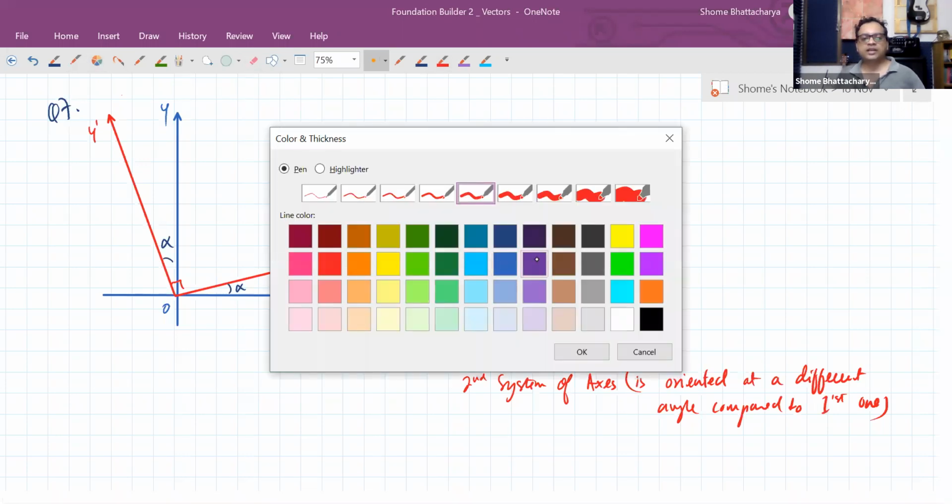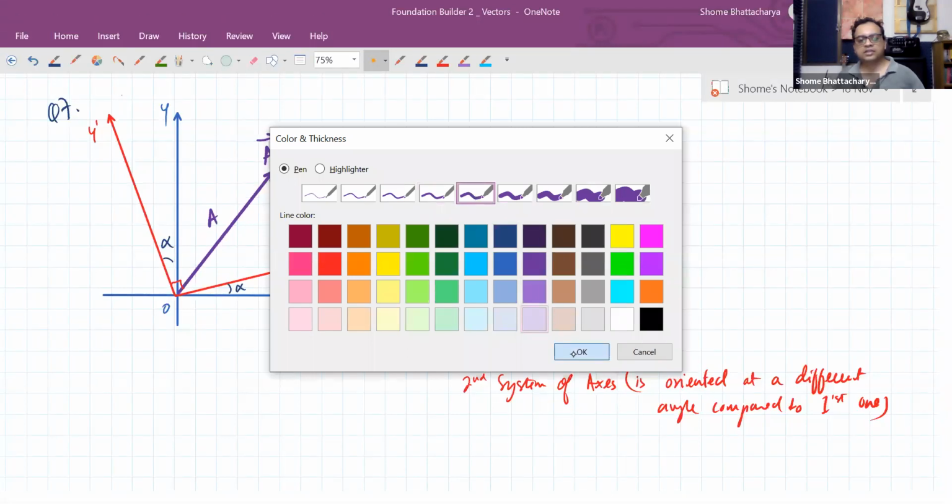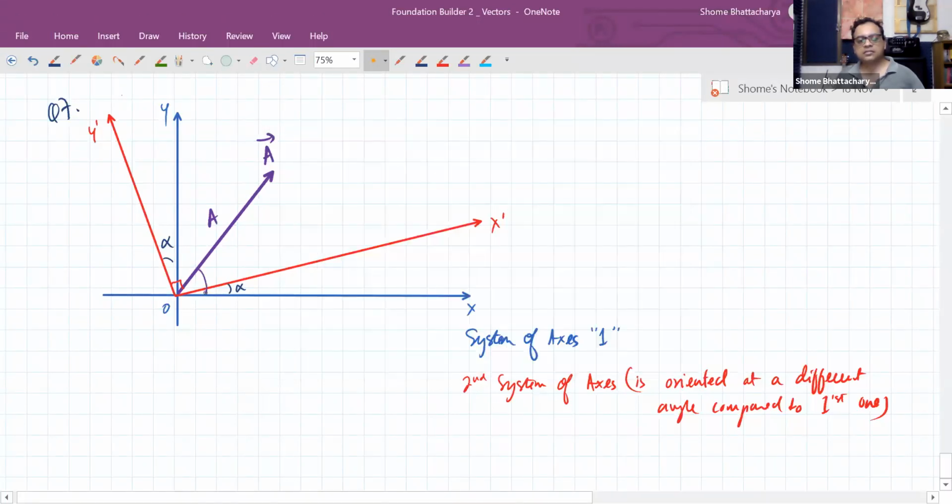So for example, if I have a vector A like this, and it has a magnitude of capital A. Now suppose that vector A is making some angle theta with respect to this axis.